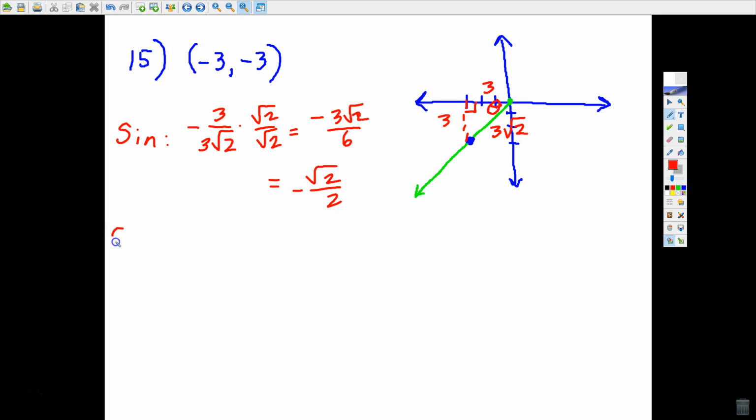Okay? Bailey, what about cosine? Same thing, exactly, because these two legs measure the same thing.